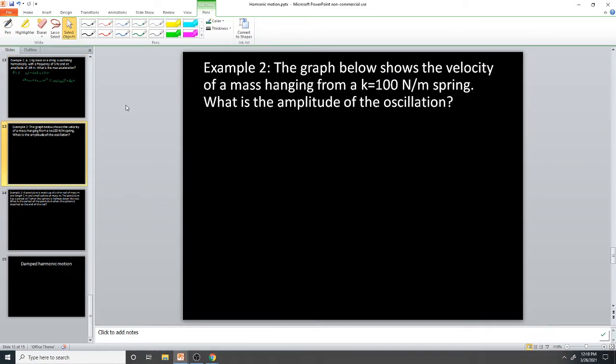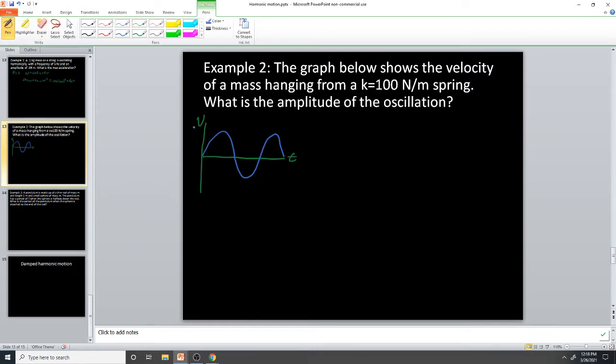All right, second one here. I've got to draw you a graph here. I realized I didn't do that ahead of time. So we've got a graph. It's V versus T, and our oscillations are like that.